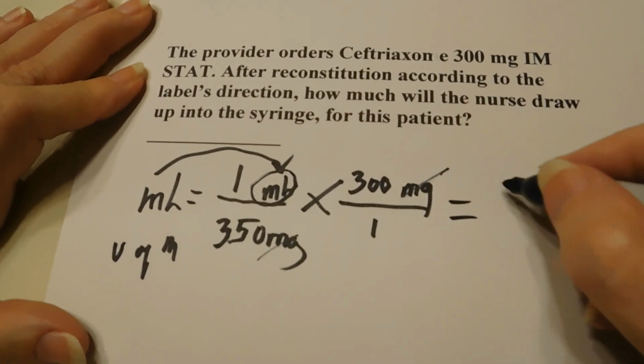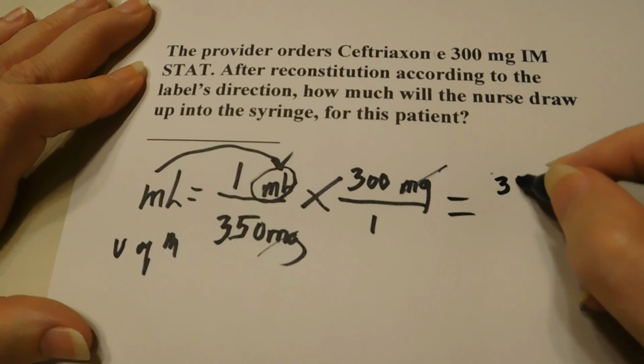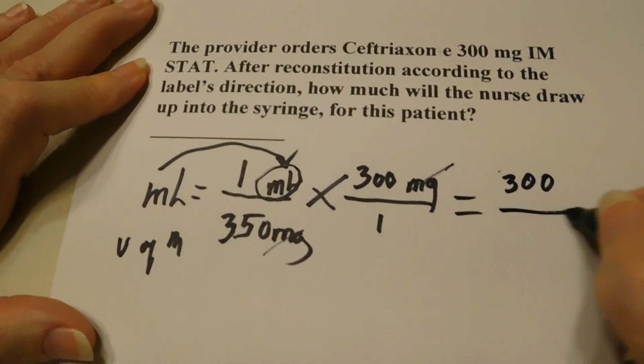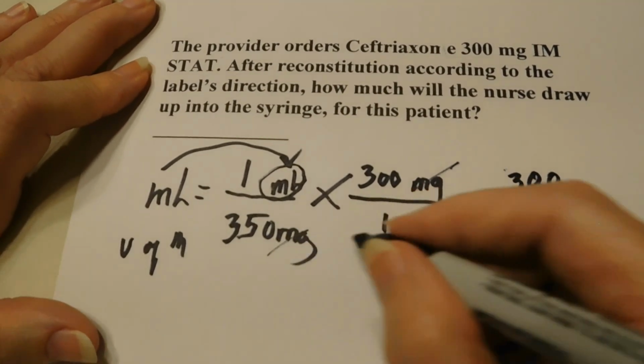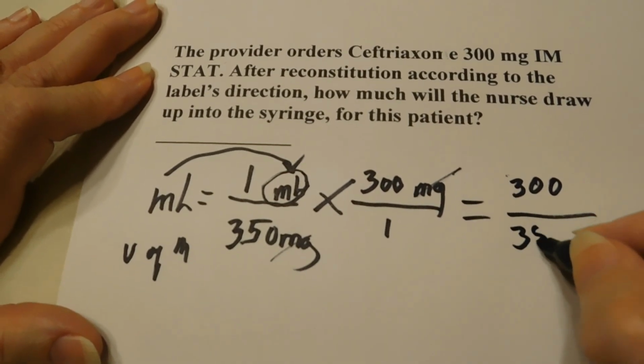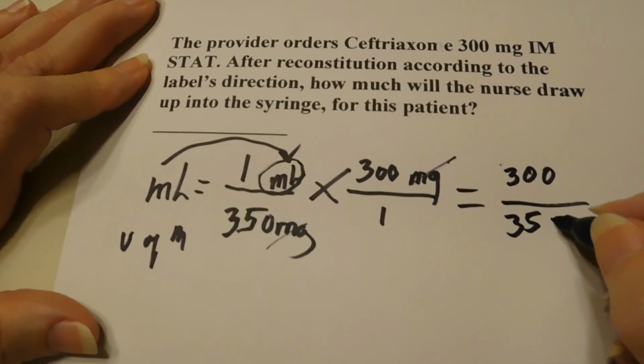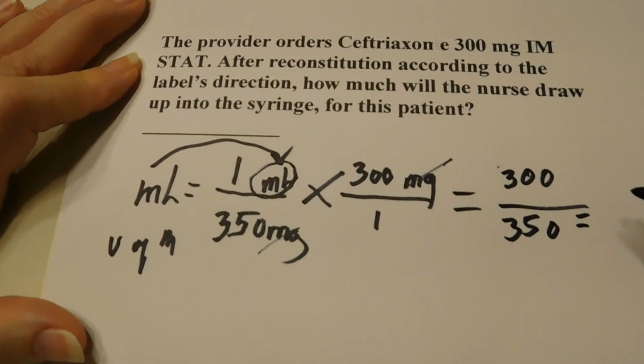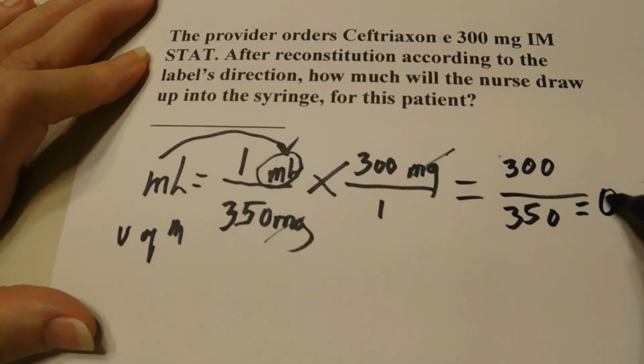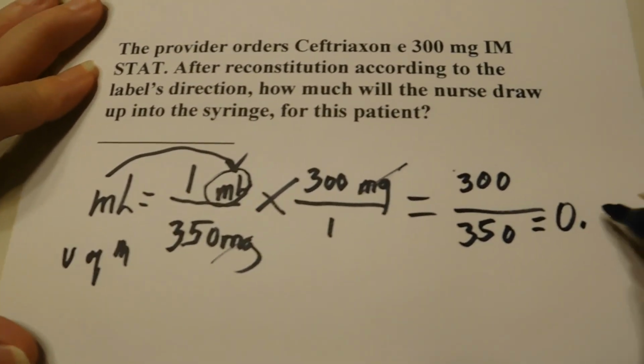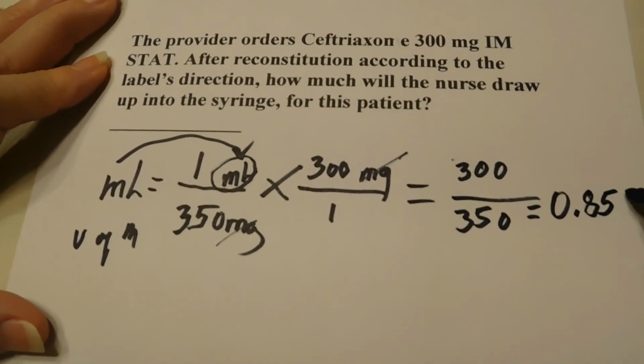Multiply the numerators together. 1 times 300 is 300. Multiply the denominators together, and 1 times 350 is 350. So 300 divided by 350, and what does that equal? It equals 0.857.